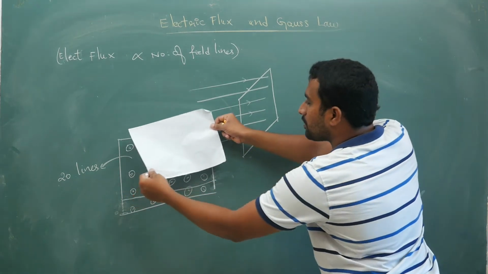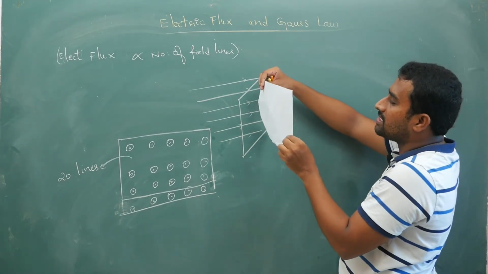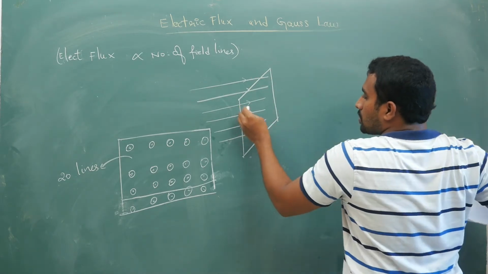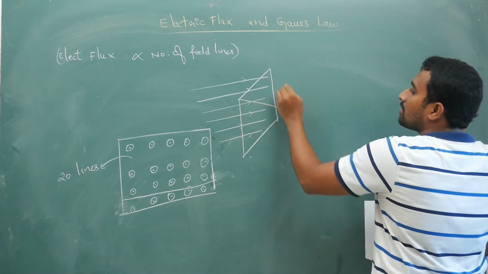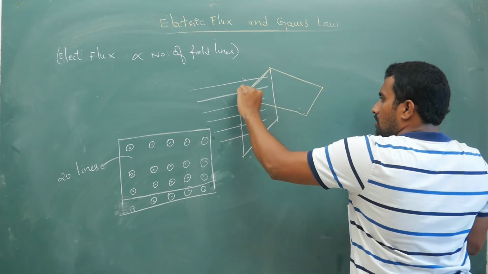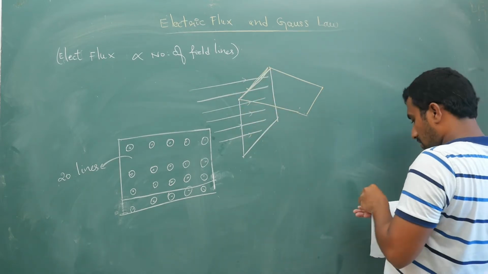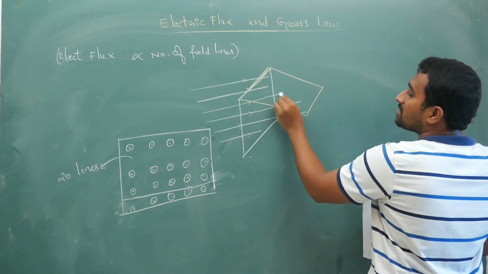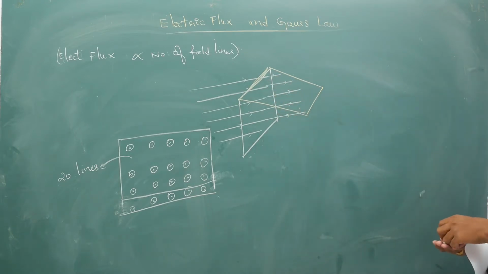Now if I tilt it like this, initially around 20 lines will go, but if I slightly tilt it, the number of field lines going through this surface will automatically reduce. So fewer field lines will go through the surface if you are tilting it like this.